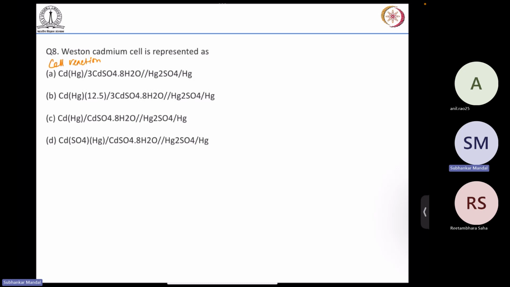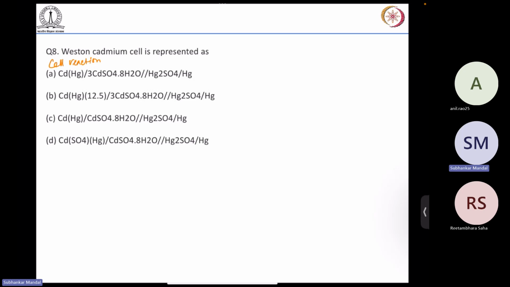Okay, so Anil has written option B. We can discuss the details. Yes, it will be option B only. So basically, what is happening in the Weston cadmium cell? You have the cadmium and mercury alloy, that is cadmium amalgam, and mercury.